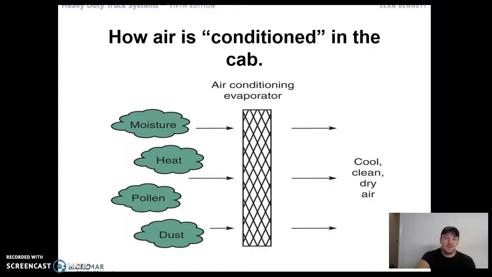But those filters really get plugged up, especially if somebody has a lot of animals, like a dog they like to let ride with them or whatever. Oh, they get nasty, gross, and they'll plug up, and the effect is you're going to start getting a lot of hot air blowing through, or no air at all blowing through. And complaints of, hey, my AC is not working. One of the first things you always want to check are these filters. They're pretty standard for plugging up.